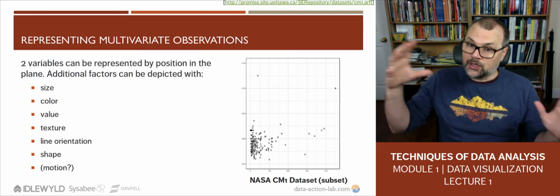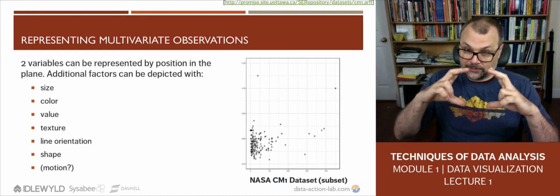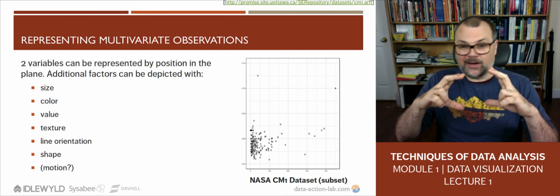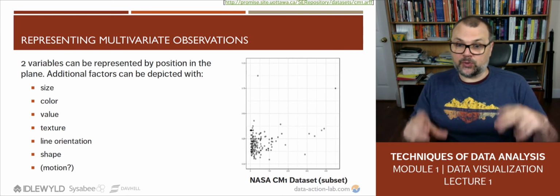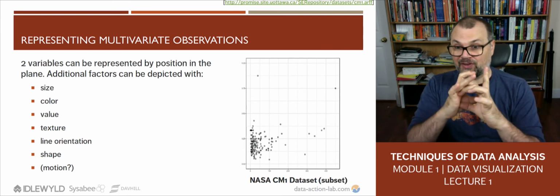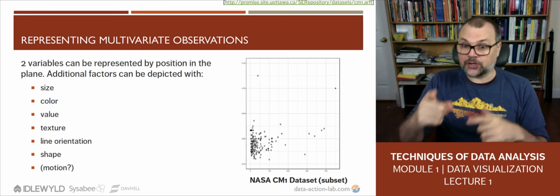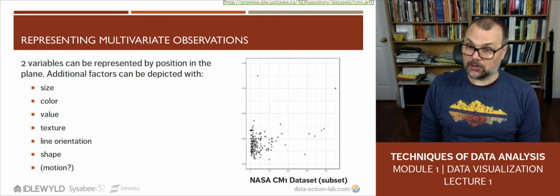If you use area as a measure for the quantity, our brains aren't very good at working with areas. So it's very hard for me to tell the difference between a circle whose area is 10 and a circle whose area is 5. I can tell that one is larger than the other, but I can't tell by how much it is larger.